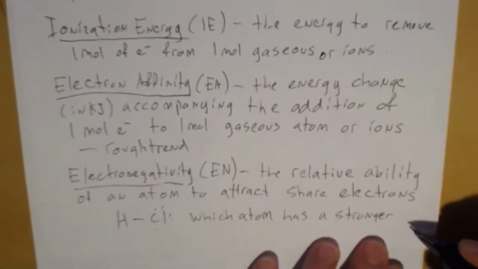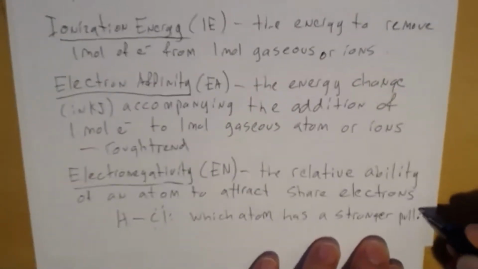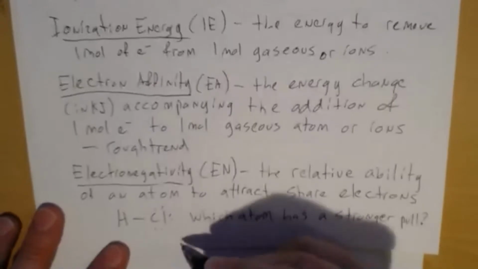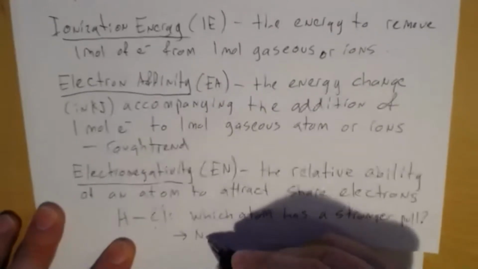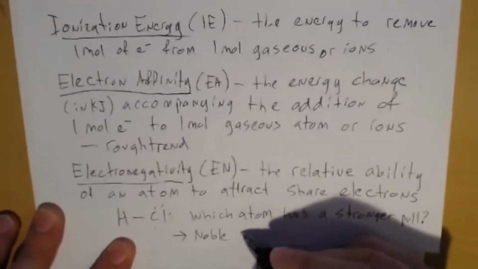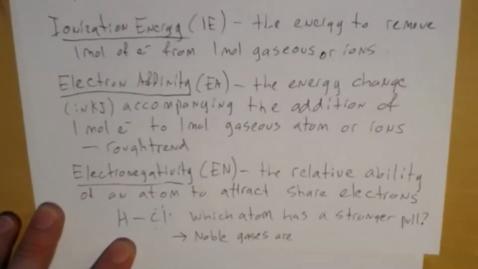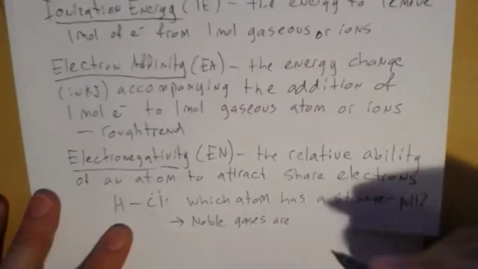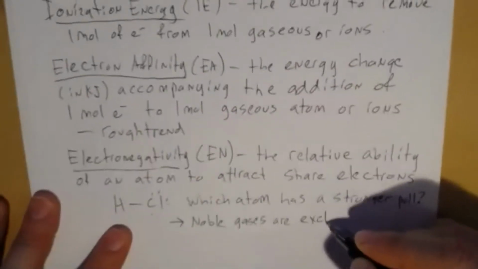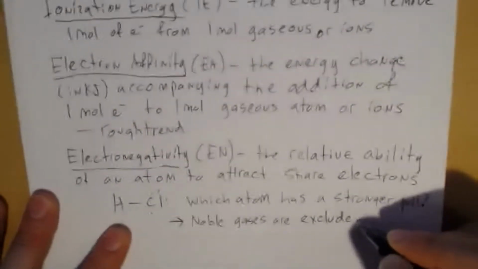And the last thing to say about electronegativity is noble gases are excluded because they don't tend to want to make bonds and gain electrons. So they're excluded from this chart. Okay.